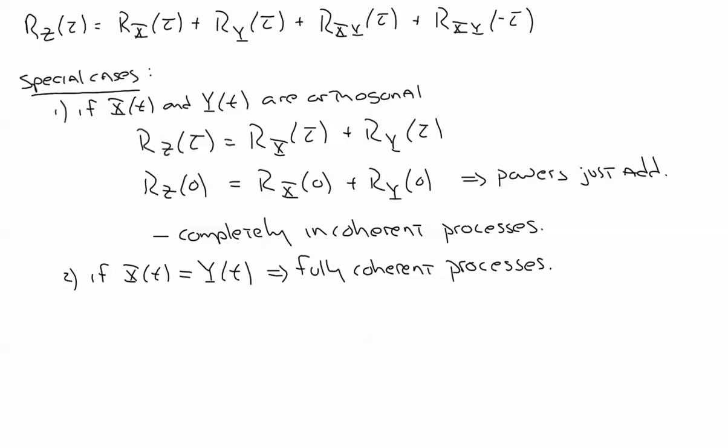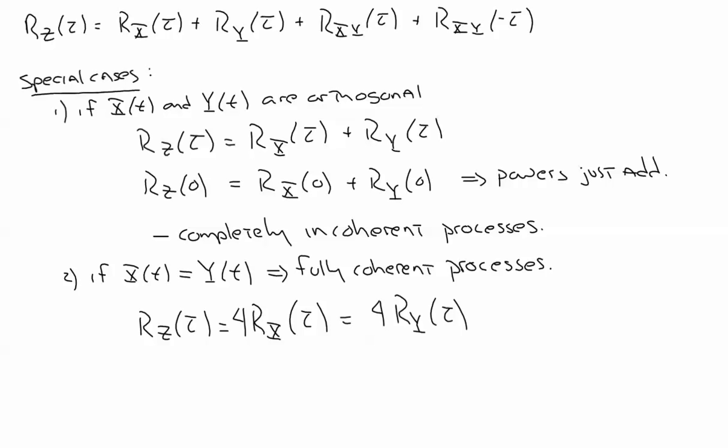What I end up with is my cross-correlation terms become autocorrelation terms, and my result is then four times my autocorrelation of either x or y. All right, my cross-correlation terms become autocorrelation terms.